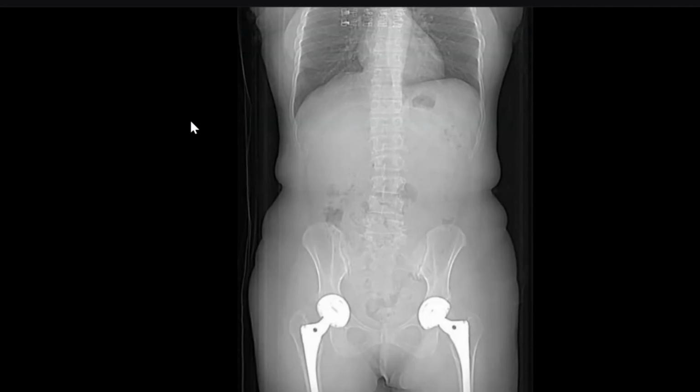This is a 35-year-old female patient. We are in a pediatric MSK session.